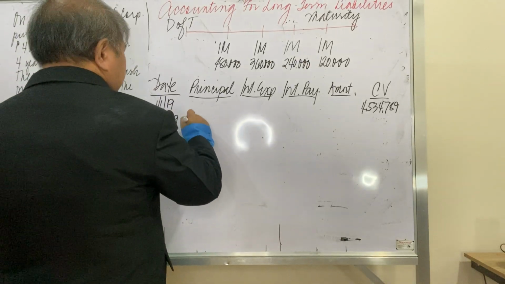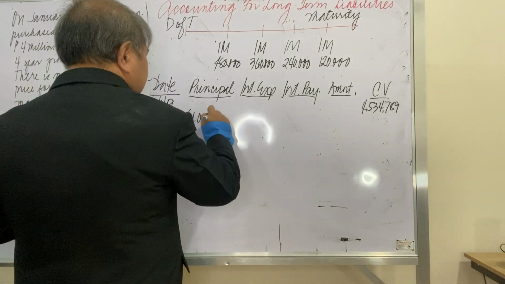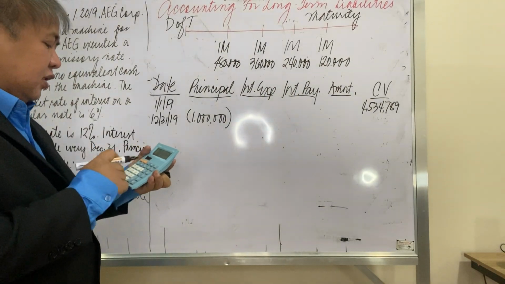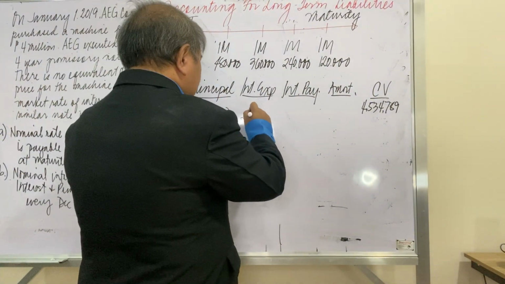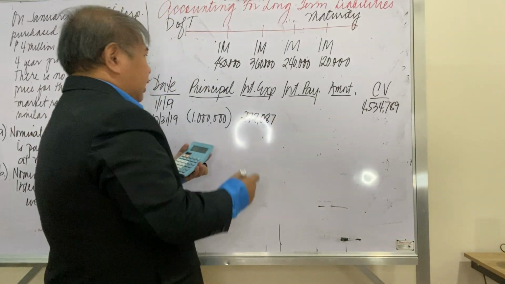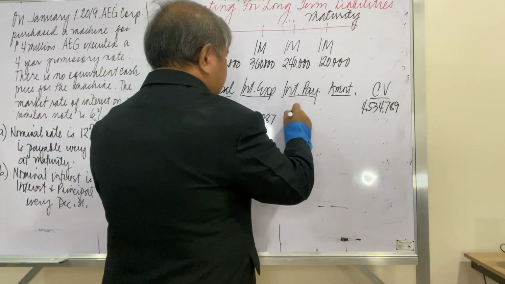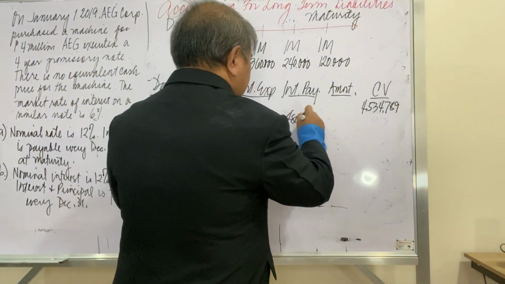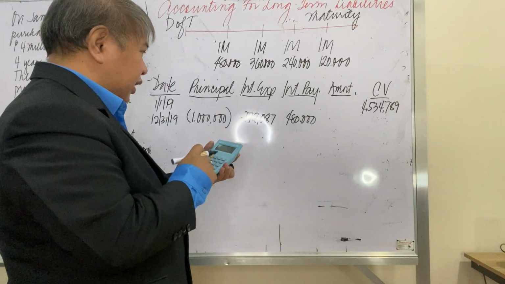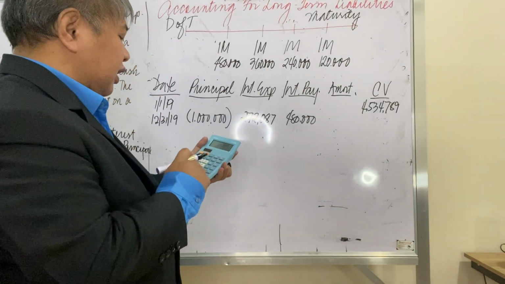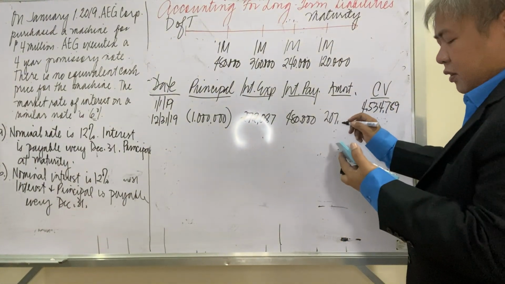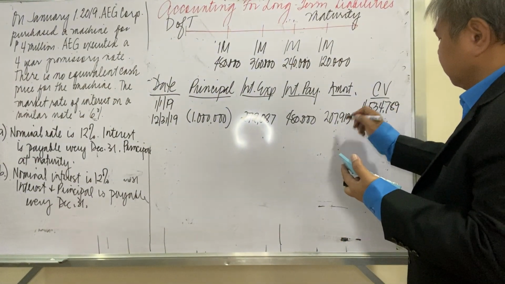So therefore, on December 31st, 2019, there's a principal payment of 1 million. And then the interest expense is 0.06 times the carrying value. So that's 272,087. And then the interest payment is 480,000. So the difference is 272,087 minus 480,000, which is 207,913.